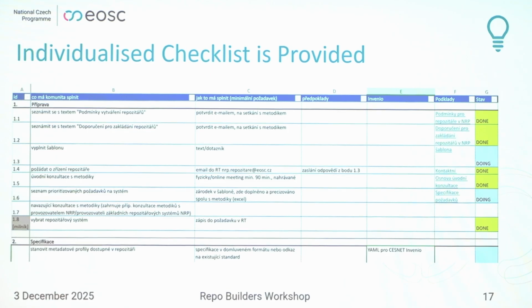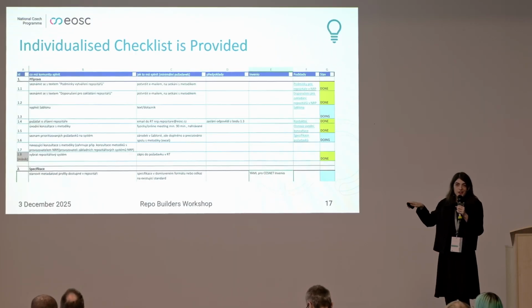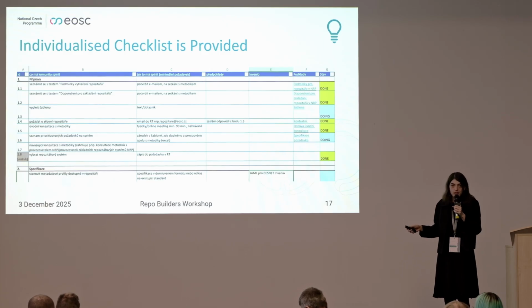Something we have provided is a checklist. It's just an Excel that lists in a bit of granularity all of the steps that are required, along with some documents or examples that we provide. Through the consultations, we'll go over this document and state approximately where we are, whether you feel like you have that mostly figured out or haven't thought about it yet.